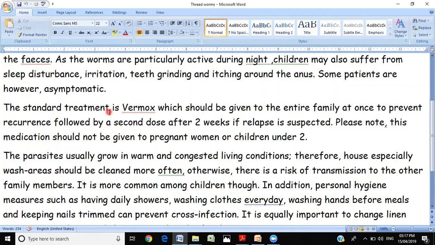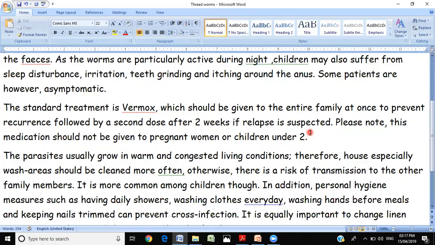"The standard treatment is Vermox, which should be given to the entire family at once to prevent recurrence, followed by a second dose after 2 weeks if relapse is suspected." Here we need a comma because this is further description. "Please note, this medication should not be given to pregnant women or children under 2."